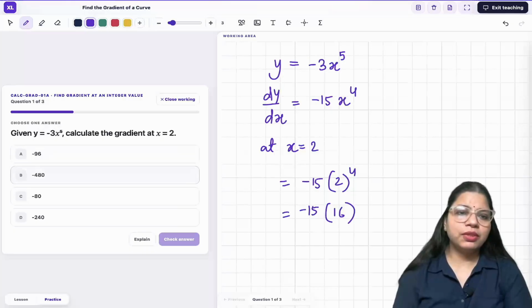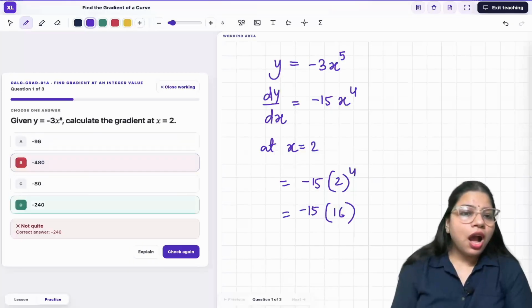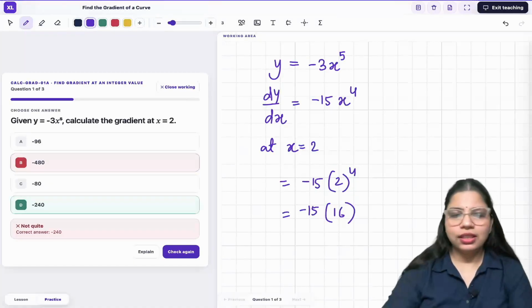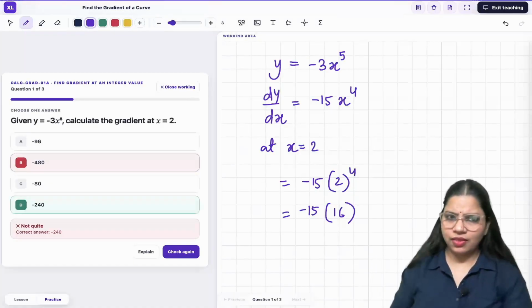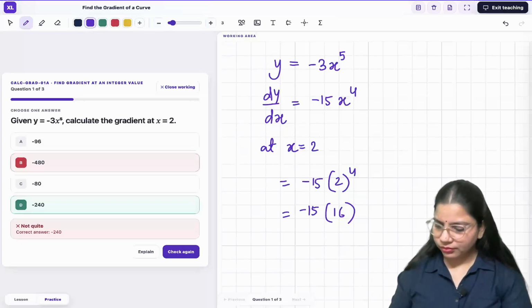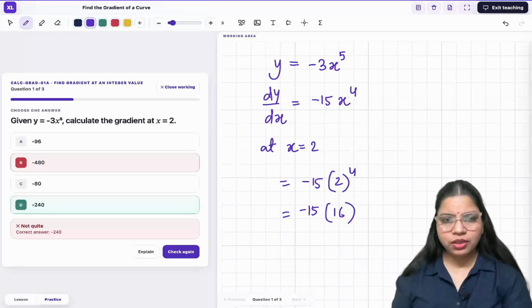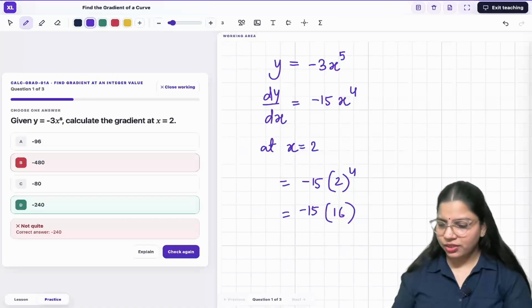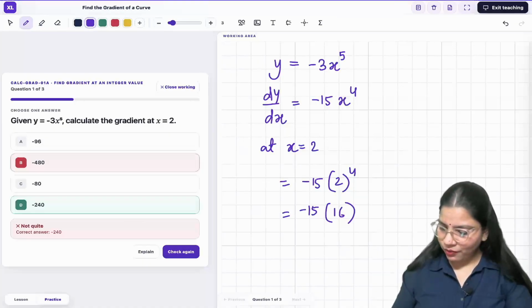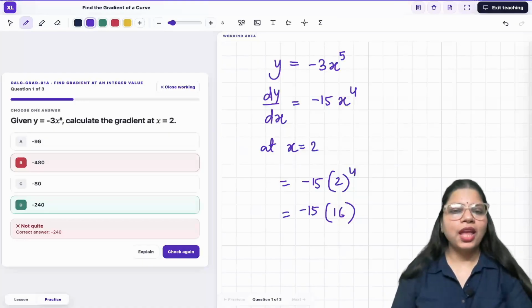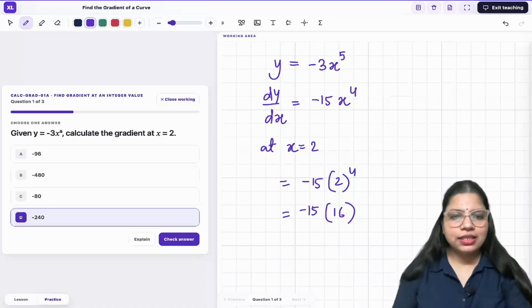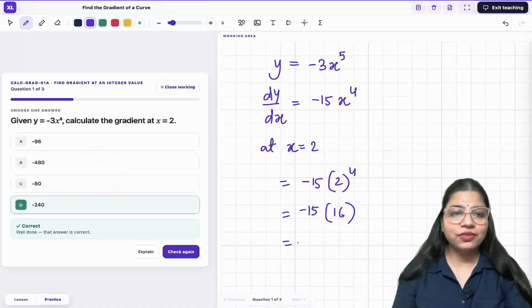Let me check for any mistake. We all have a calculator, no? Not a problem. Yes, 240. The answer is a negative 240.